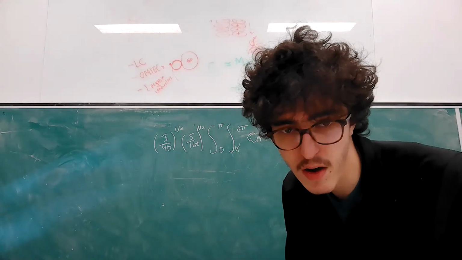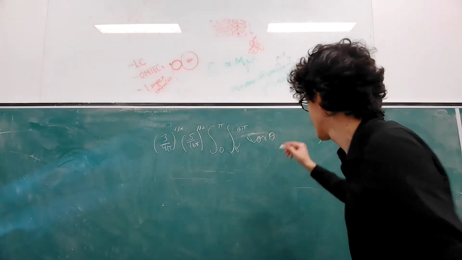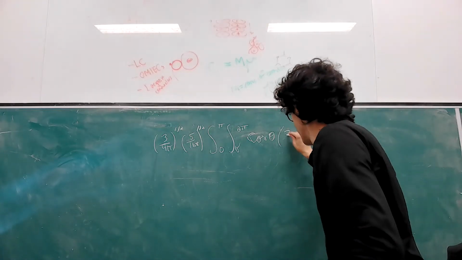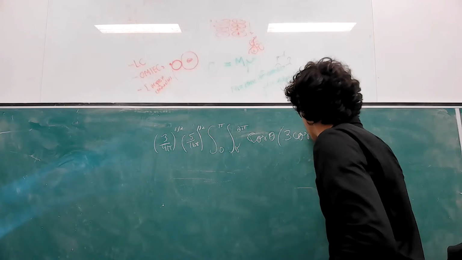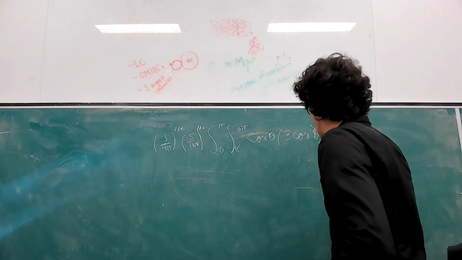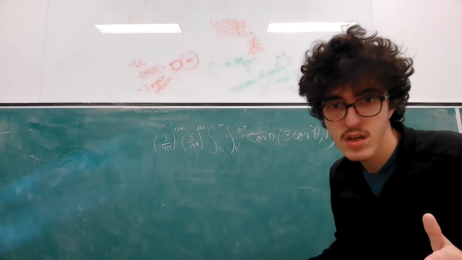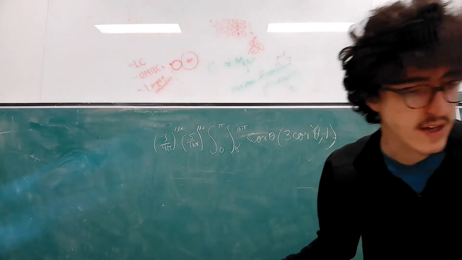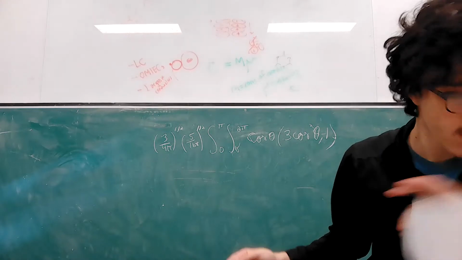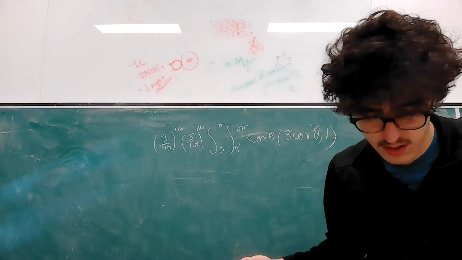And then what about Y02? So this is 3 times cosine squared minus 1. And then you get the rest of it. Hold on.